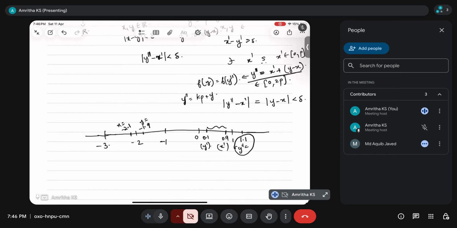Or I just take y double dash to be x dash plus this distance. It is just the same. Oh, it is same thing.